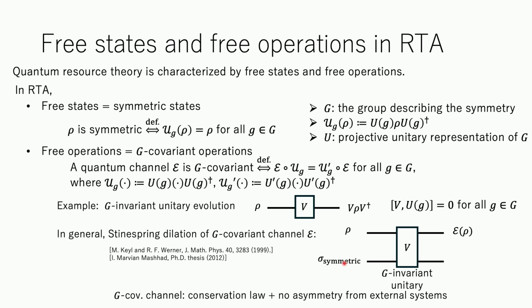In this sense, we can say that the G-covariant channel describes a general time evolution under the conservation law without introducing any asymmetry from external systems. So these two notions, the symmetric states and the G-covariant operations, define the resource theory of asymmetry.